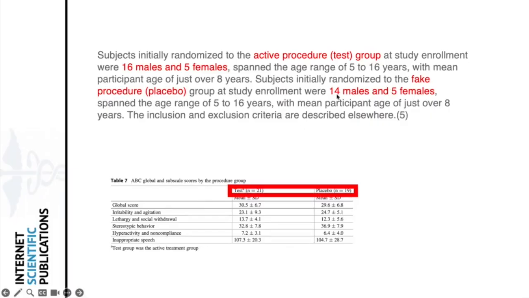And they say 19 in the placebo group, which is okay. I put the wrong color here, but you can see that this is coherent. They have the same number of participants in the test group and the same number in the placebo group. So there is no inconsistency between the primary publication and the secondary publication for this variable. Sorry for the color, it should be green.